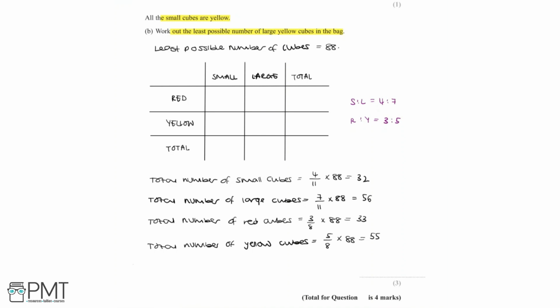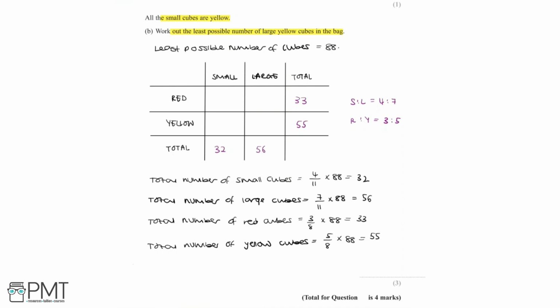Now let's put these values into our two-way table. We said that the total number of red cubes is equal to 33. We said that the total number of yellow cubes is equal to 55. The total number of small cubes is equal to 32. And the total number of large cubes is equal to 56.